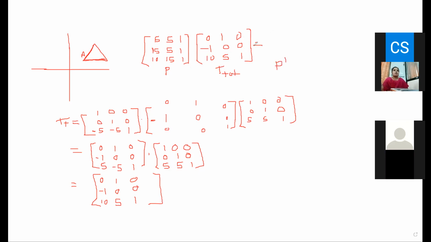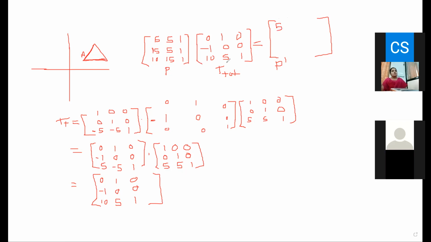That is the result. So perform the multiplication. First row, first column, 0, minus 5, plus 10. So 5 into 0 is 0. Here is minus 5, and 10. Minus 5 plus 10 is plus 5.